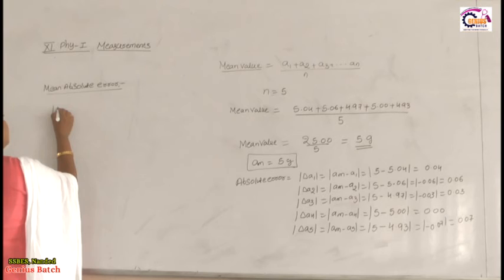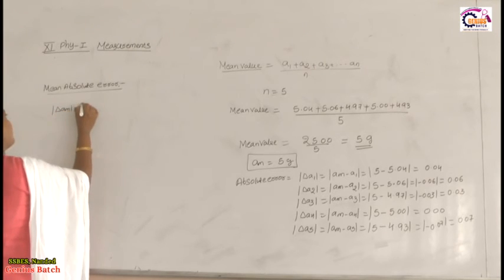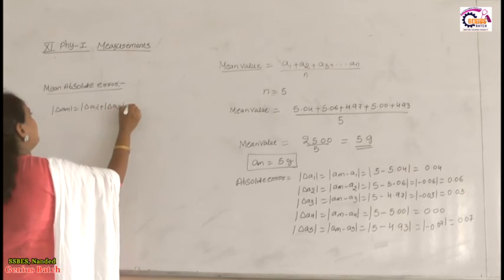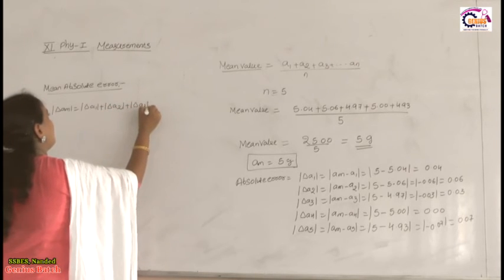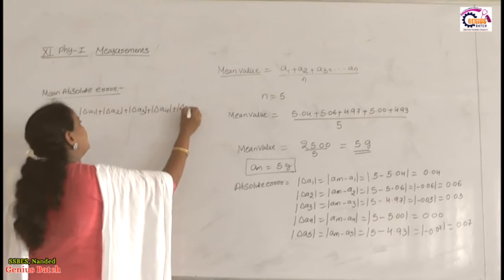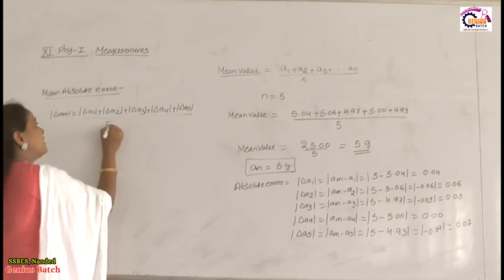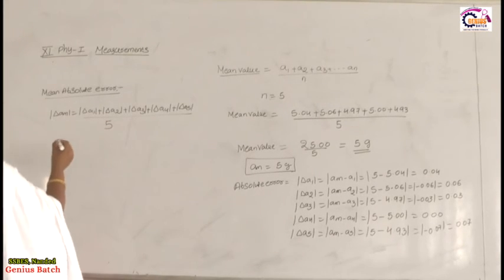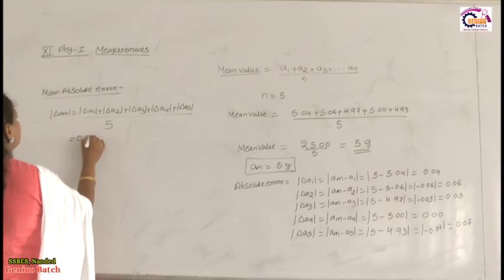So here, delta AM is equal to delta A1 plus delta A2 plus delta A3 plus delta A4 plus delta A5 divided by 5. What is the delta A1 value here? Delta A1 value is 0.04.